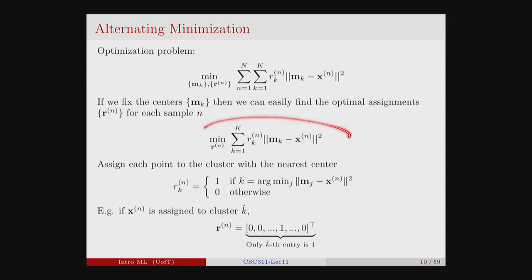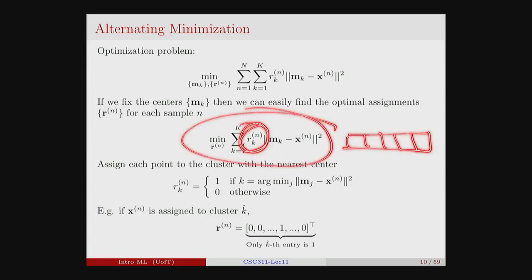And for each row, we're minimizing the summation over k, R_nk, multiplied by this constant. So you get to figure out how to set your responsibility vector in any configuration that you want, such that this cost function is minimized.